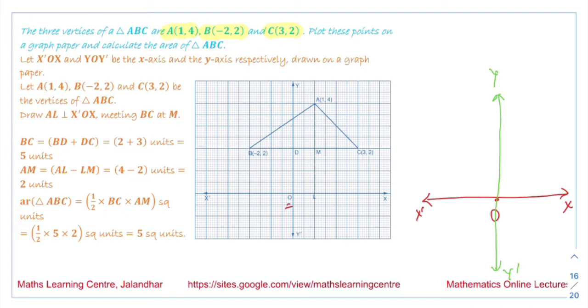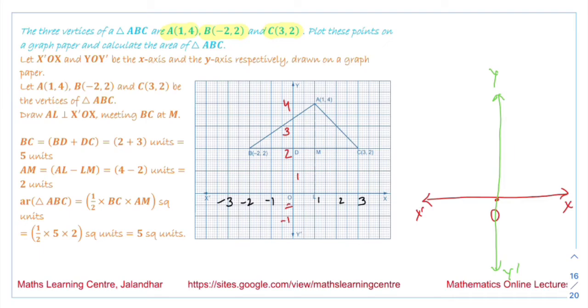Now we have to plot the points. On this graph, this is 1, this is 2, this is 3, this is minus 1, minus 2 and minus 3. Similarly in the y direction it is 1, 2, 3, 4, then minus 1, minus 2 in the downward direction.